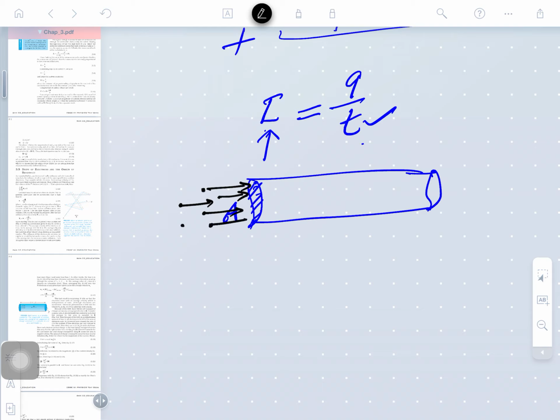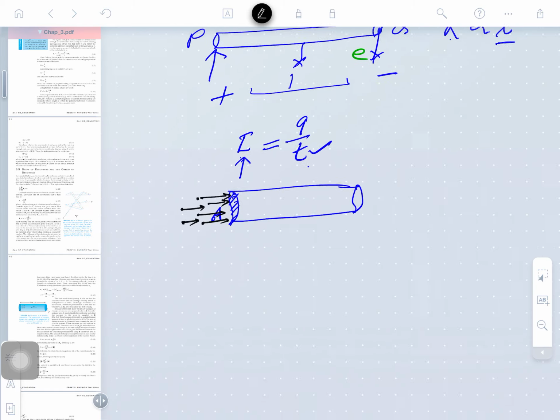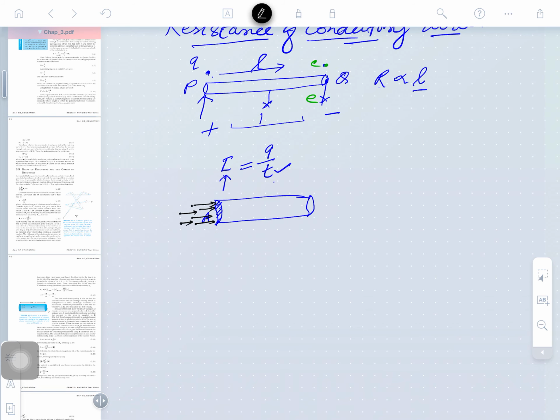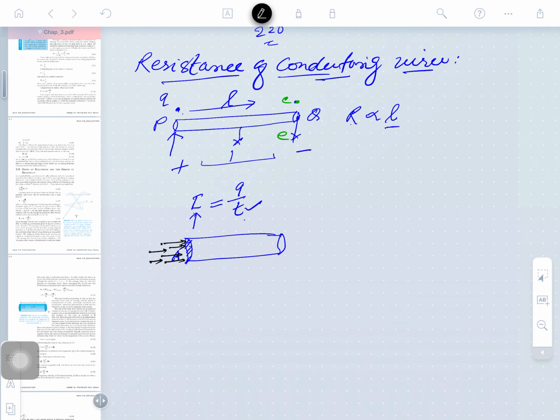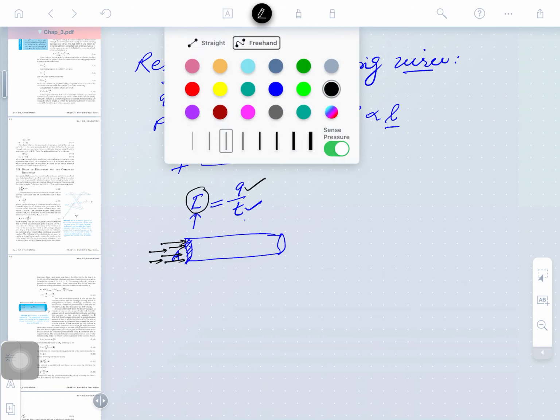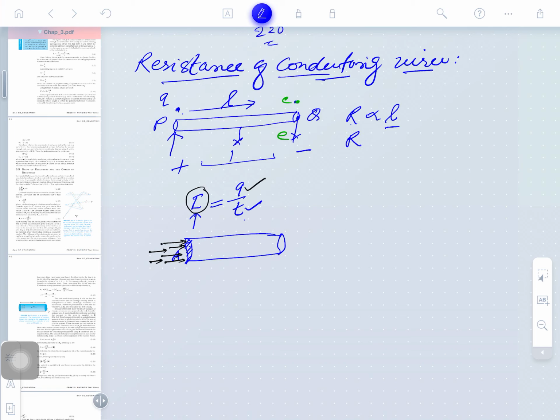The wider the path, the more charge can pass through at the same time. So the larger the area, the larger the amount of current. Larger current means decreasing resistance. So the resistance of a conductor is inversely proportional to area.